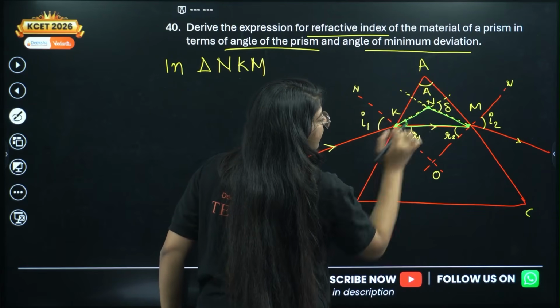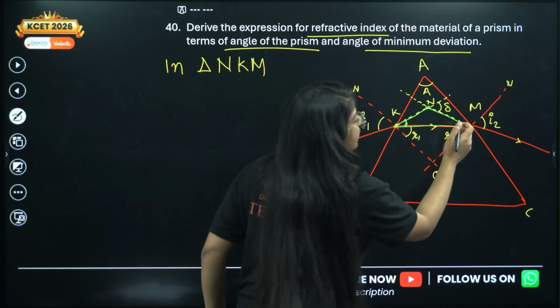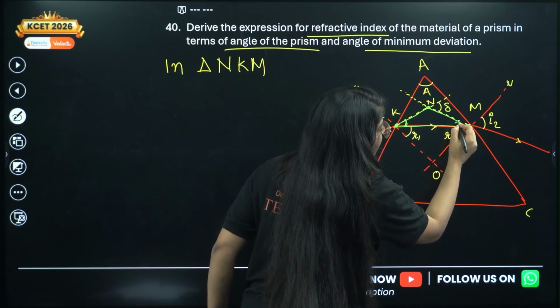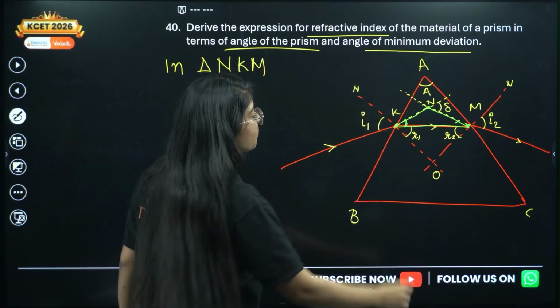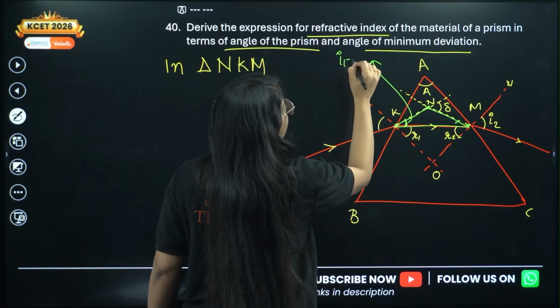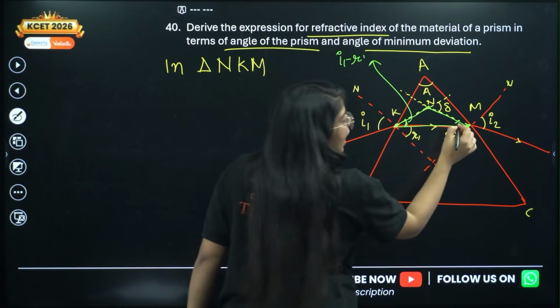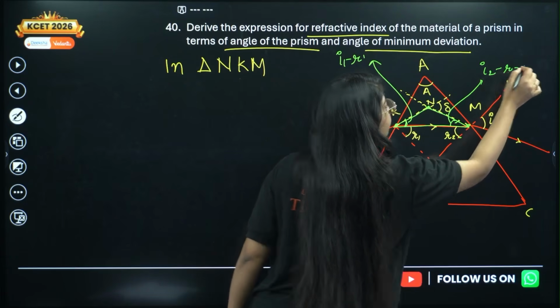This whole angle is I1 because of opposite angles, and this whole angle from here till here is I2, also opposite angles. But this one will be what? Now I1 minus R1, correct? And this one will be I2 minus R2.